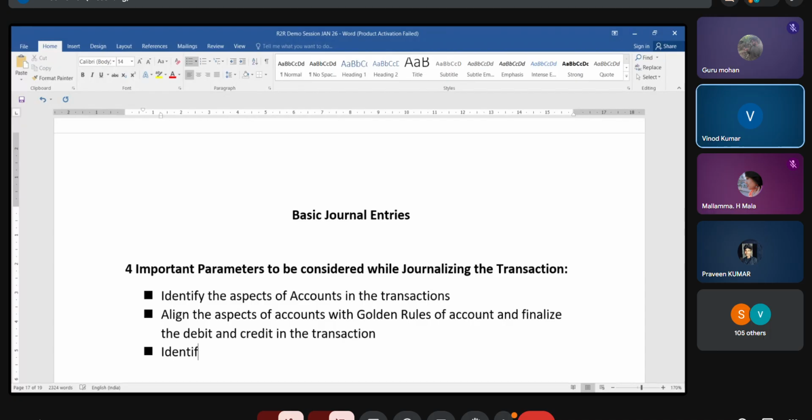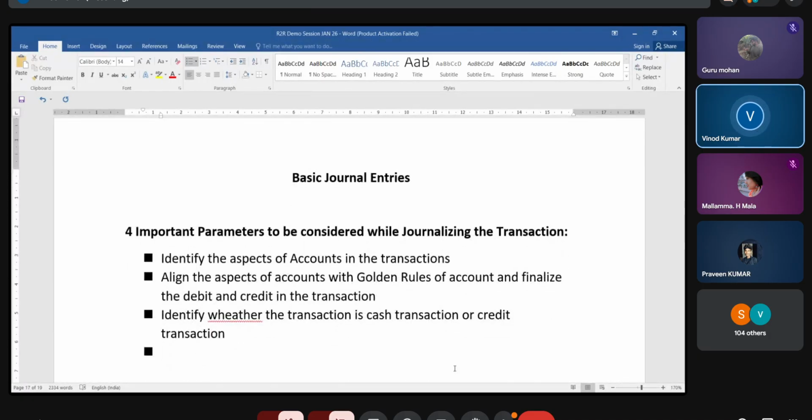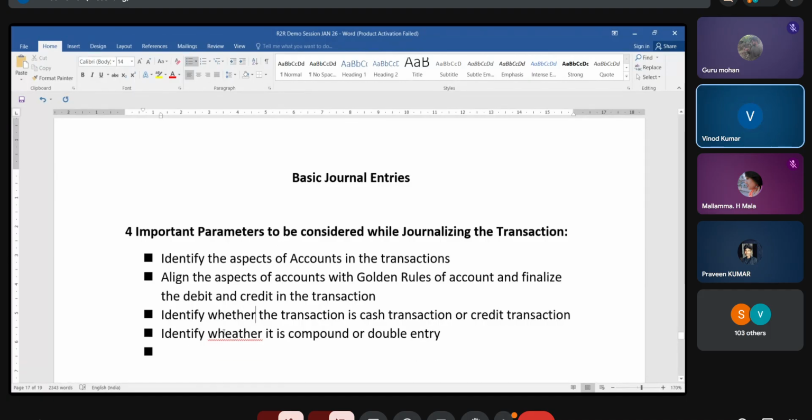Once that is identified, whether it is a simple entry or a compound entry, guys. So these are the four important parameters which every journal entry has to be checked against, guys.